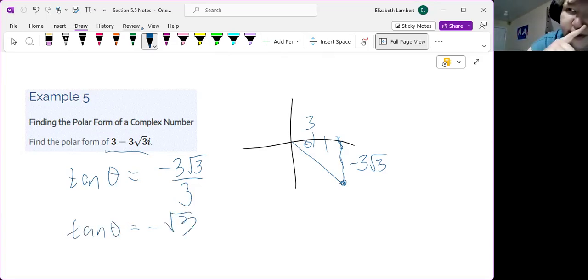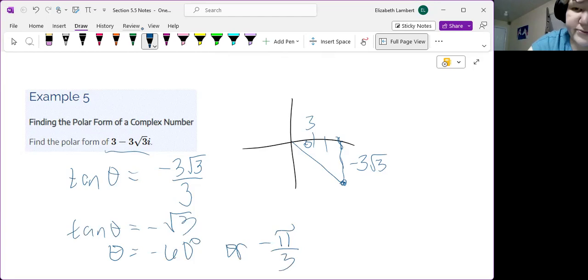Now, square root 3 actually is our 30, 60, 90 triangle. So it's short side, long side. So this is -60 degrees, which is -pi/3 radians.